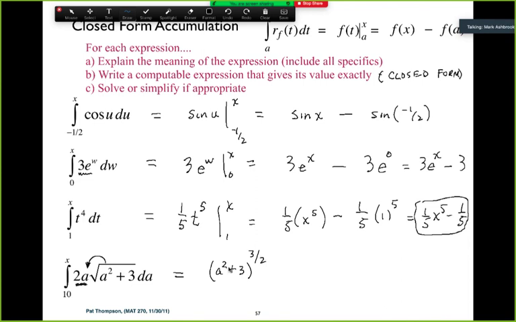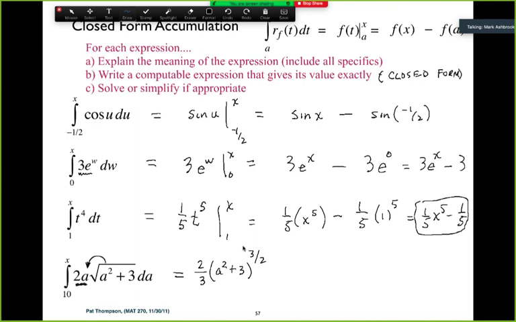But then there's a 3 halves that we would end up having if we took the derivative that we don't have here. So we need 2/3, right? So 3 halves times 2/3 is 1. A squared plus 3 to the 1/2, there it is. Times the derivative of the inside, 2a, there it is.